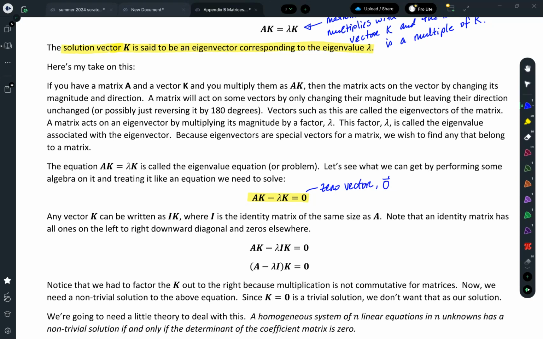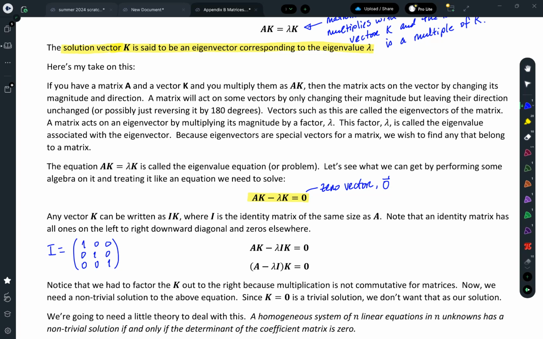Any vector k can be written as I times k, where I is the identity matrix of the same size as A. Here's I. For example, a 3 by 3 would be 1, 0, 0, 0, 1, 0, 0, 0, 1. So it has ones on the diagonal and zeros everywhere else, okay?